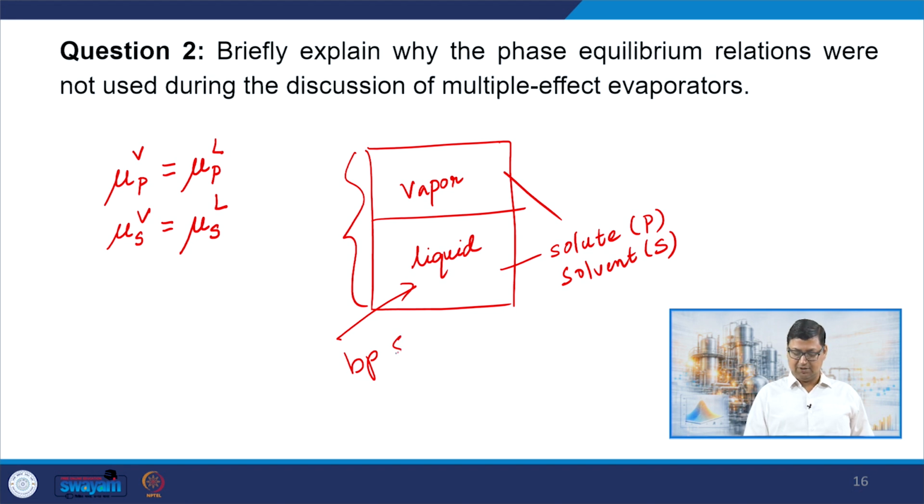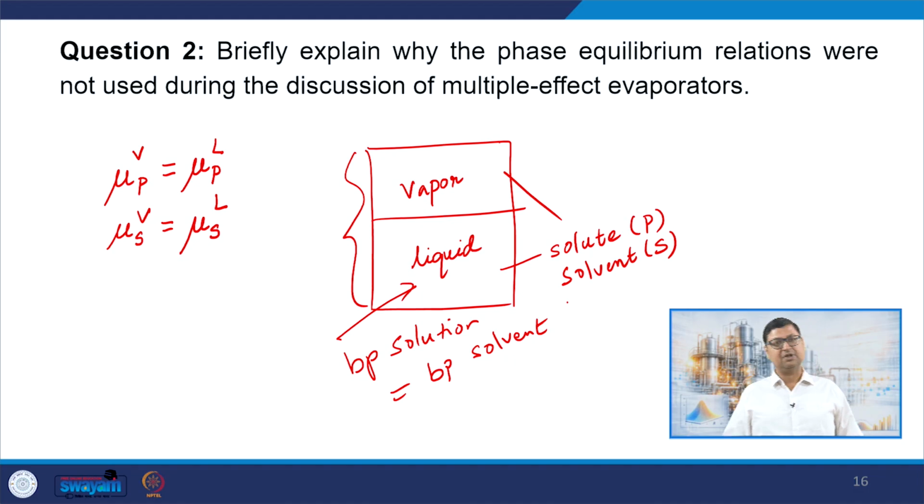So the boiling point of solution is pretty much the same as the boiling point of solvent. Therefore, we simply used whatever data we had for the solvent to get the boiling point, and we assume that it is saturated.